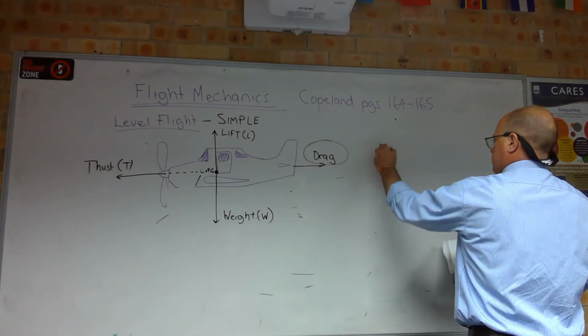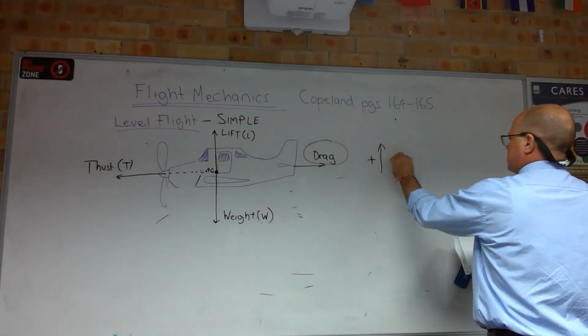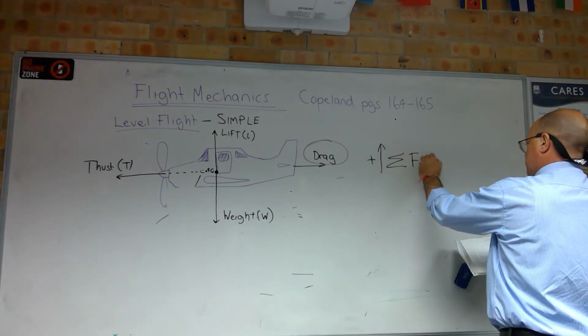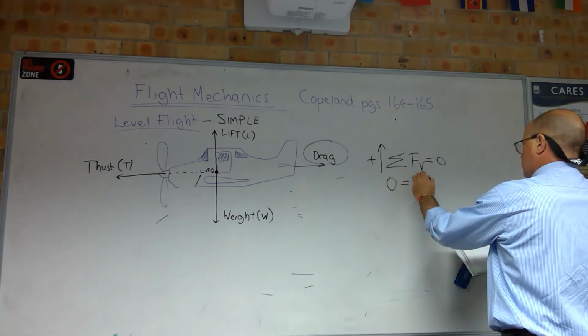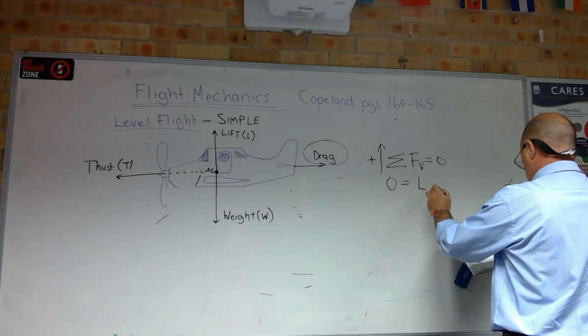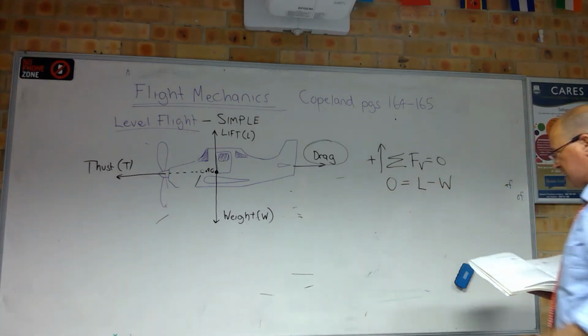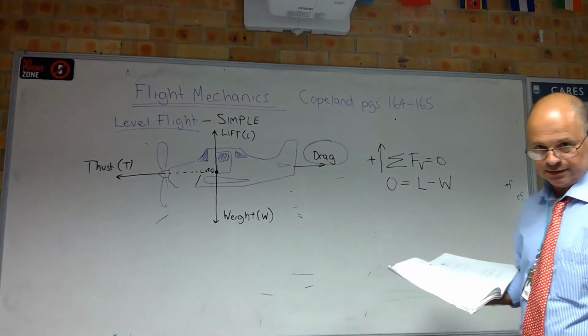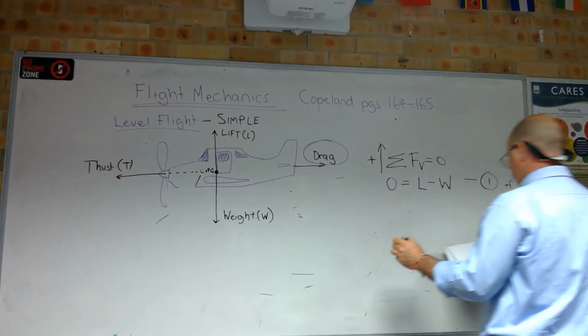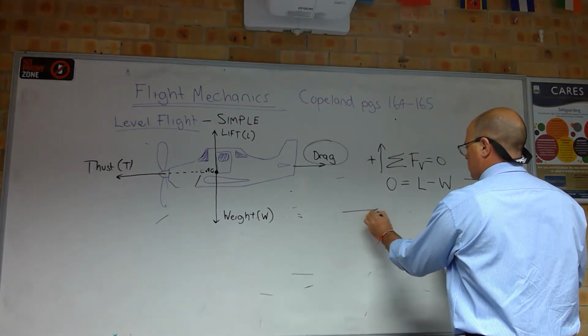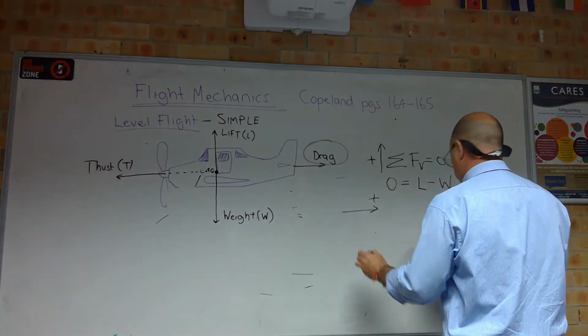Sum of upwards is positive. Sum of forces vertical is equal to 0. 0 equals lift minus weight. Okay, that's how it stays in the air. That's equation 1 from Copeland. And the other equation he talks about is going forwards to the right is positive.